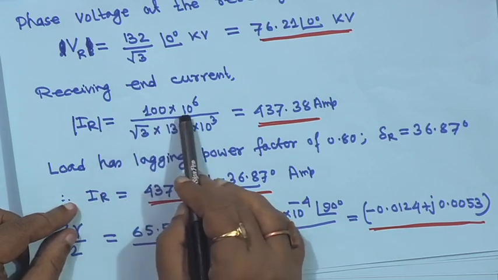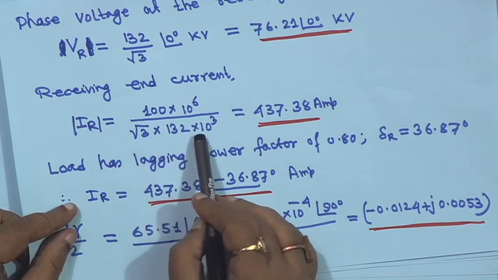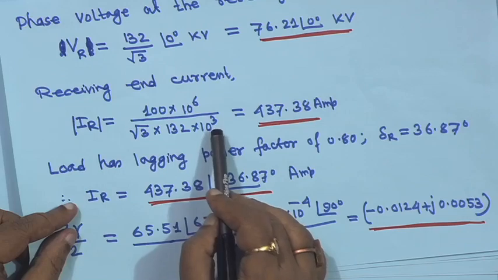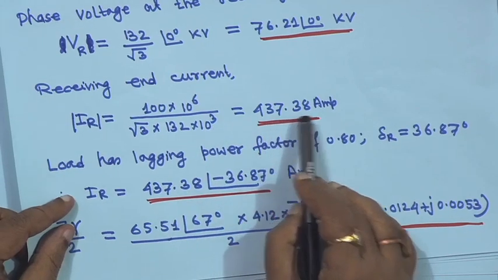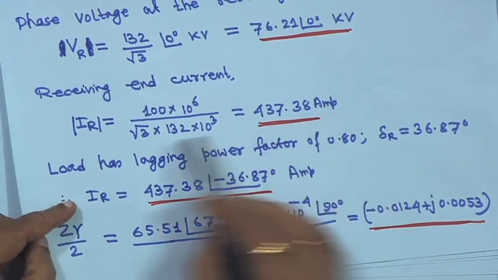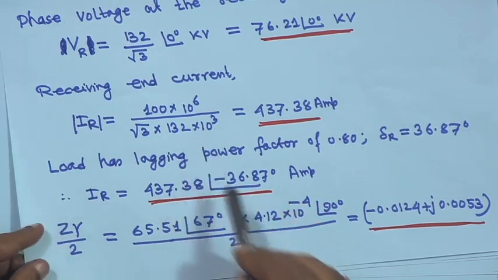So IR is equal to this divided by root 3 into 132 into 10 to the power 3, which comes to 437.38 ampere. You can also calculate it another way.